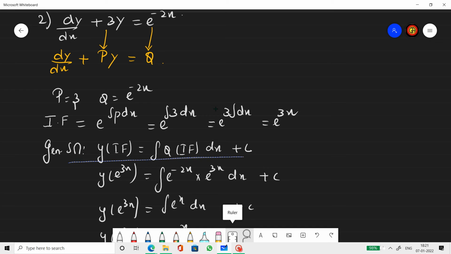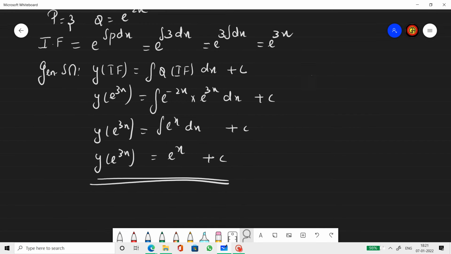General solution: y into integrating factor equals integration of q into integrating factor dx plus c. So y into e power 3x equals integration of q, which is e power minus 2x, into integrating factor e power 3x dx. So whatever we found, we simply have to substitute that.